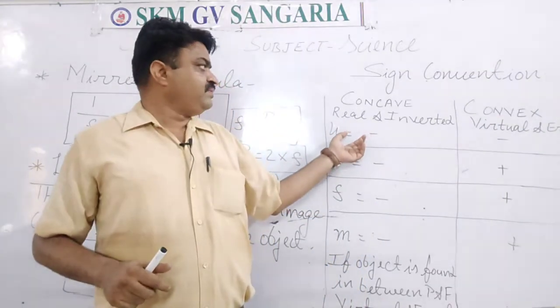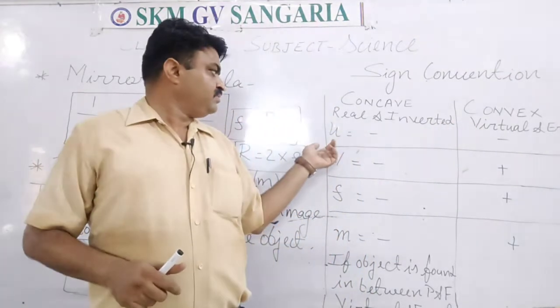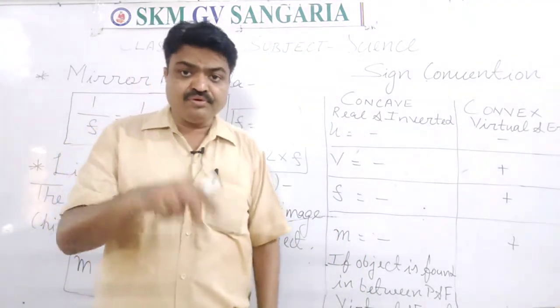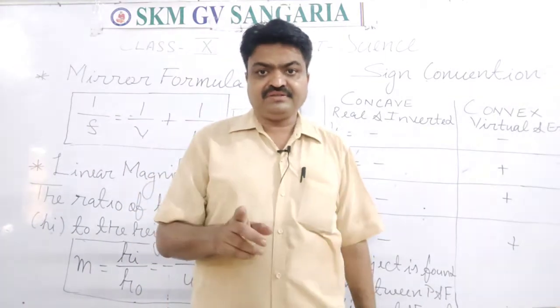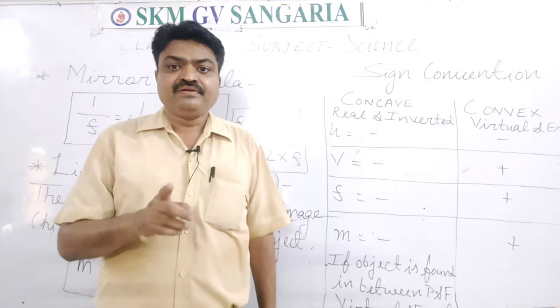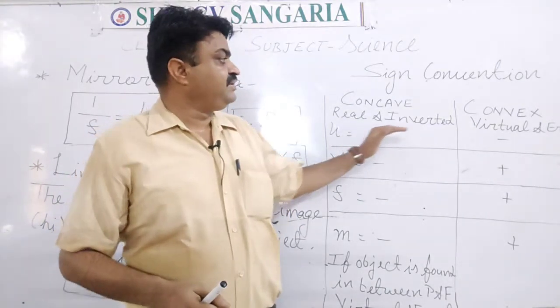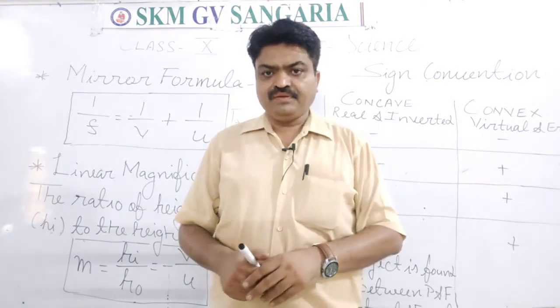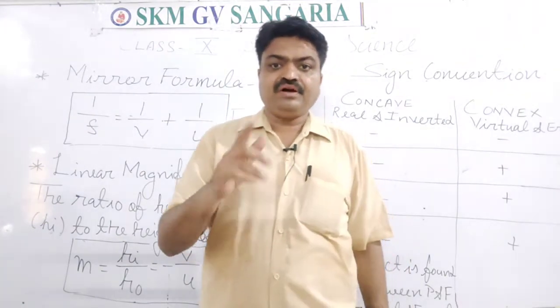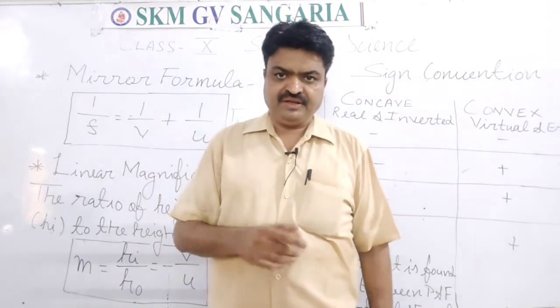Now in both mirrors, concave as well as convex, the sign convention of the object distance always remains negative, student, because the object is always found at the side of the incident ray.